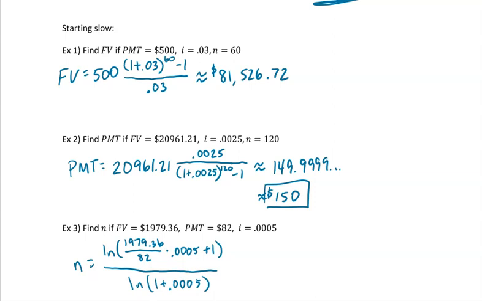Again, plug all of this into your calculator. If we plug all of it into our calculator, then in this case we're going to get 24, and that's rounded to 2 decimal places as well.